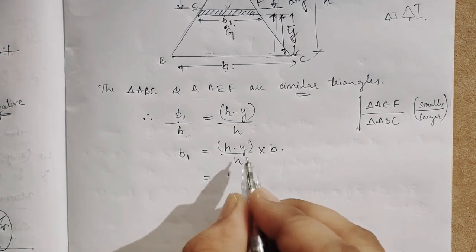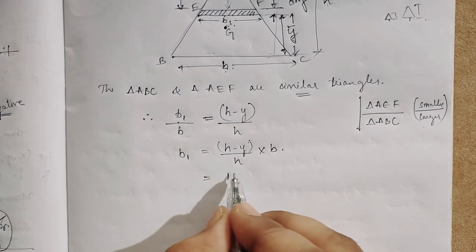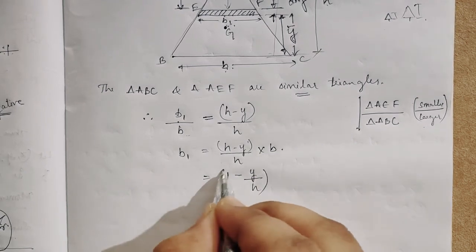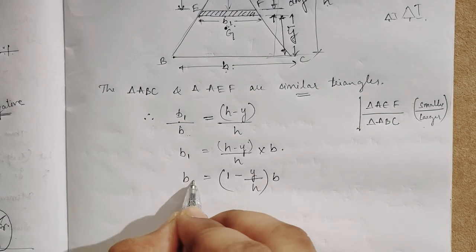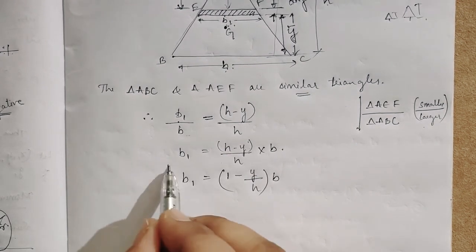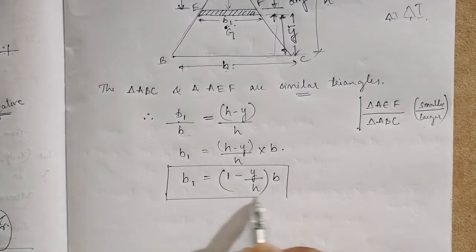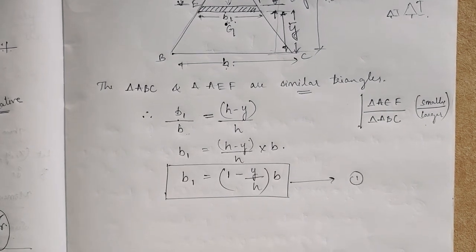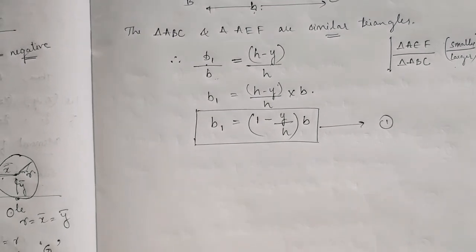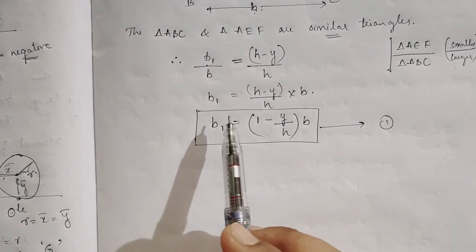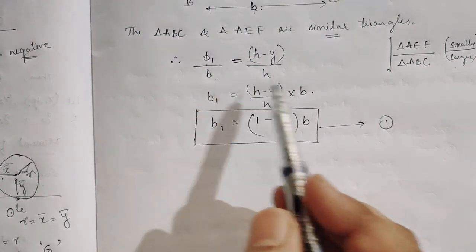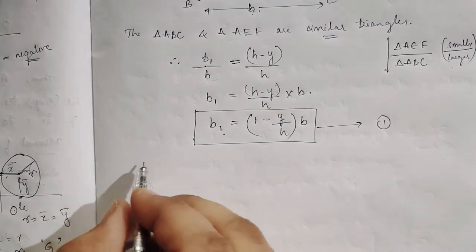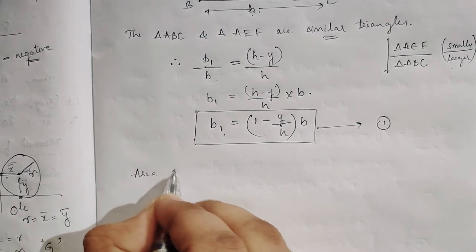So h by h will be 1, so b1 is equal to 1 minus y by h, into b. Let's take this equation as 1. What I did, I compared the similar triangles side by side, height by height, and I got the value of b1.